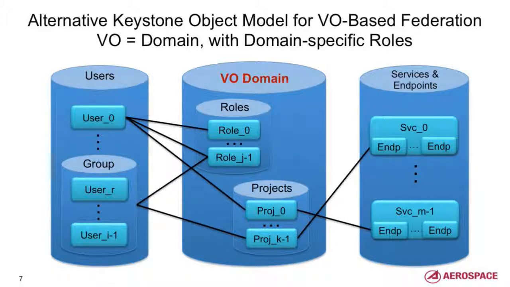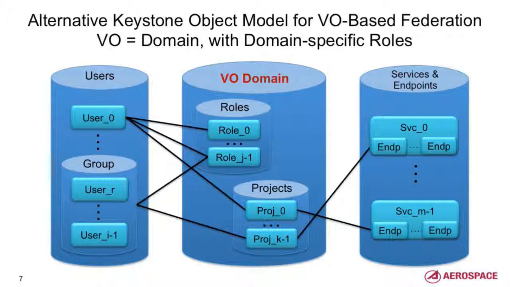Users would not necessarily have to be owned by a domain. The important thing here is that a VO domain is the construct that manages what both users and services can do. They manage how users can access those services that are being made part of a virtual organization.